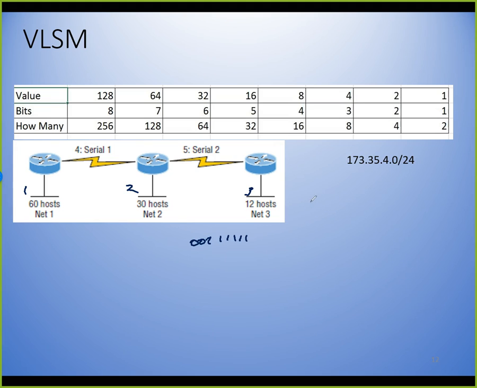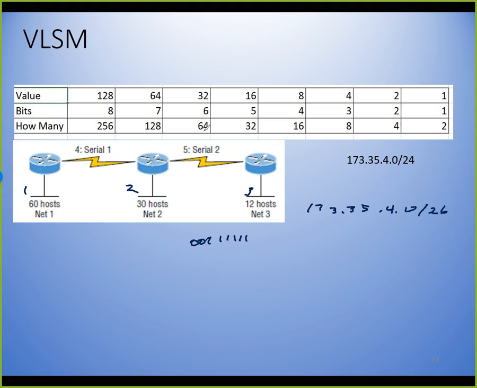The first network that we're going to do, the 60 hosts, will be on 173.35.4.0. Now this was a /24. Remember, we added 2 bits to it, so it's going to be /26.